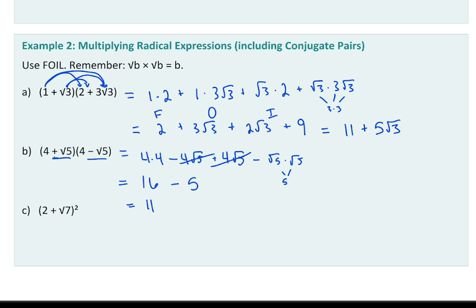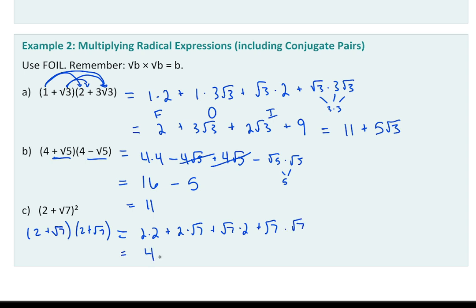Now for this last one, it's helpful to write it out. 2 plus root 7 times 2 plus root 7. It's really tempting to just distribute the square to both terms, but when we FOIL it out, you'll see that we would have missed some things there. So starting with our first term, that's 2 times 2, plus now our outer terms, 2 times root 7, plus inner terms, root 7 times 2, and our last terms, root 7 times root 7.